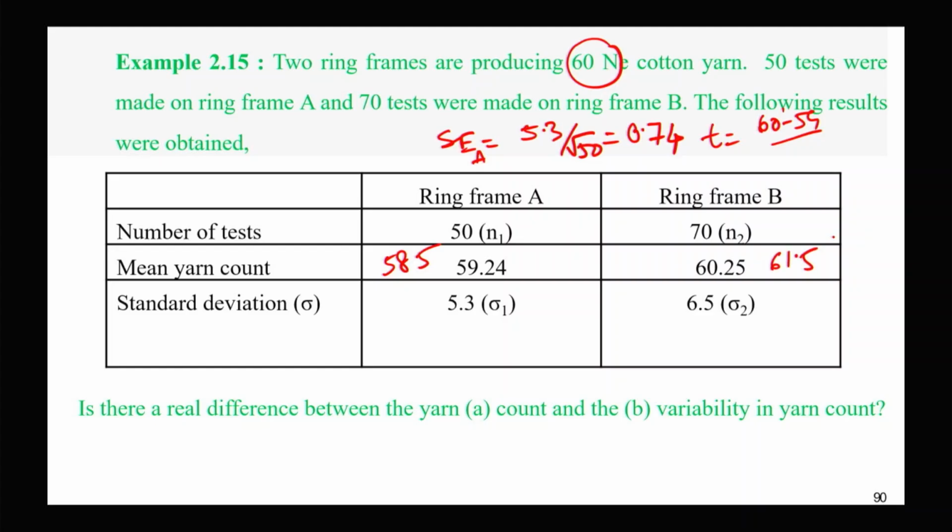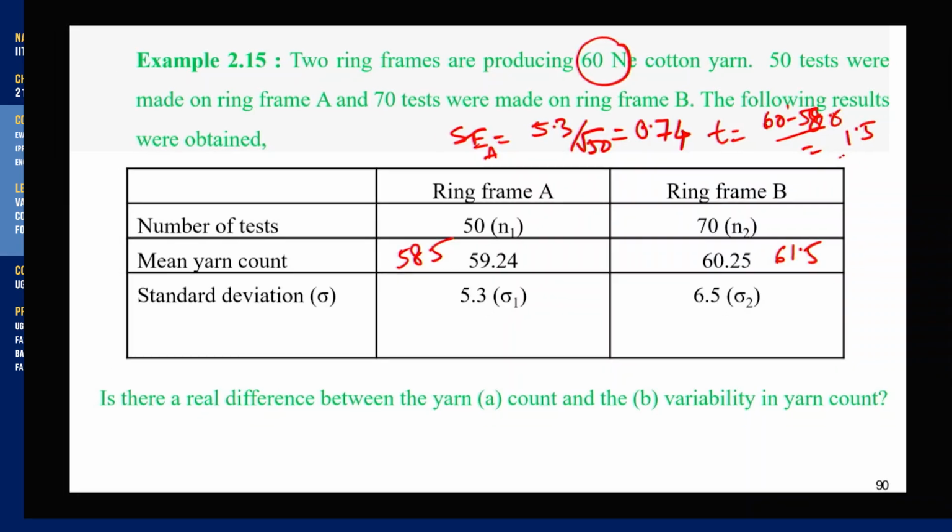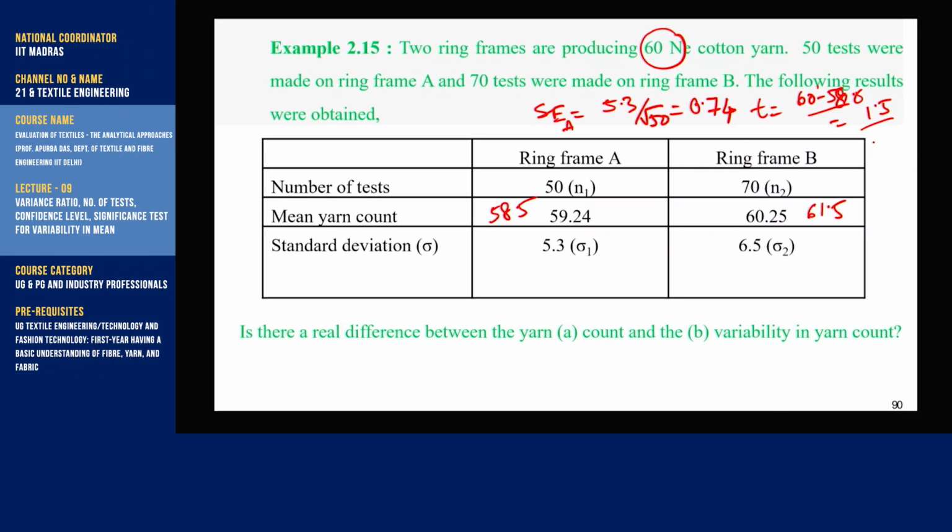Okay, so it will be 60 minus 58.5, so 1.5 divided by 0.74, which is 2.02.